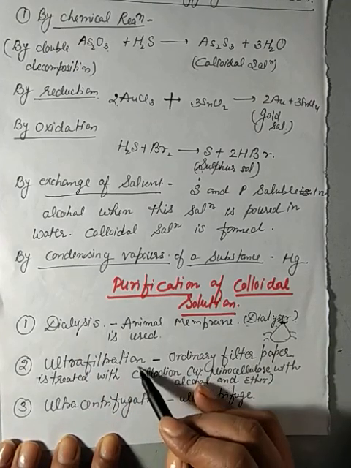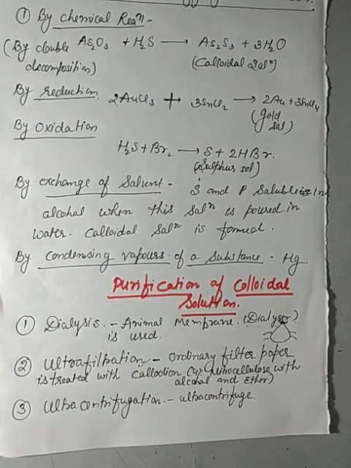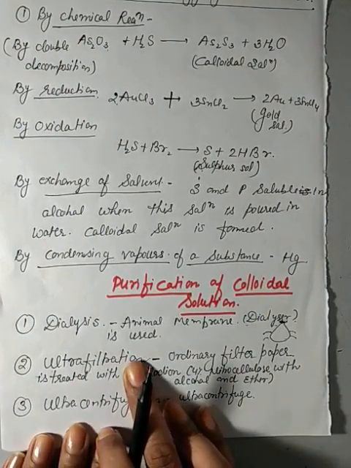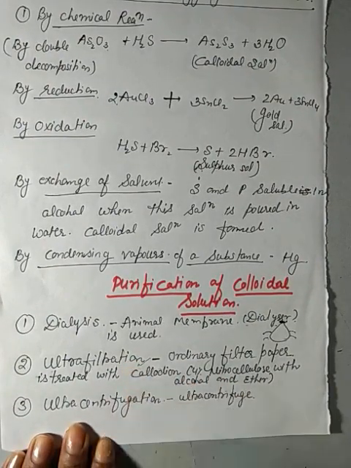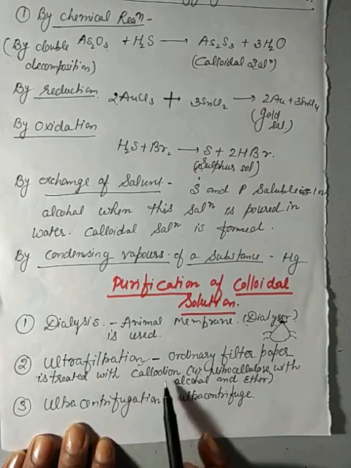Now the second method is called ultrafiltration. As we know that the normal filter papers are permeable to the colloidal solution. So for the purification process, we cannot use the normal filter paper. So we have to use the ultra filter papers. Ultra filter papers can be made by treating ordinary filter paper with collodion.